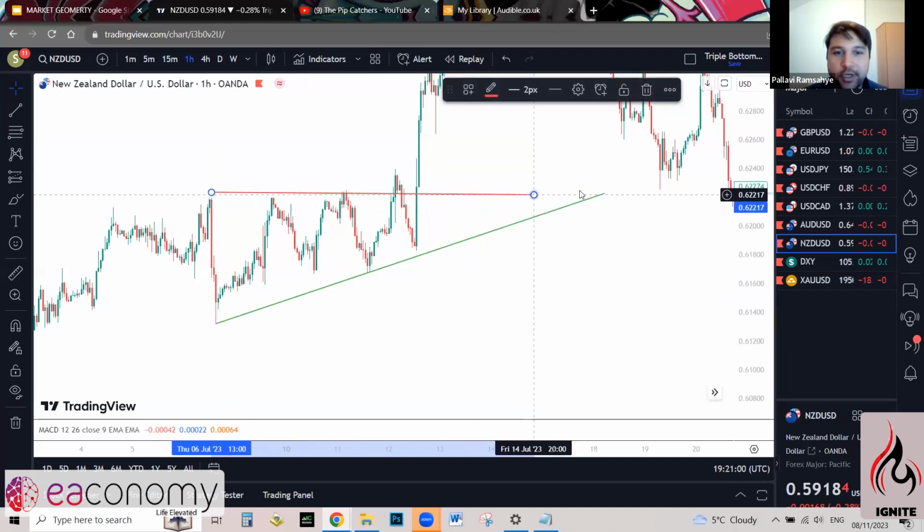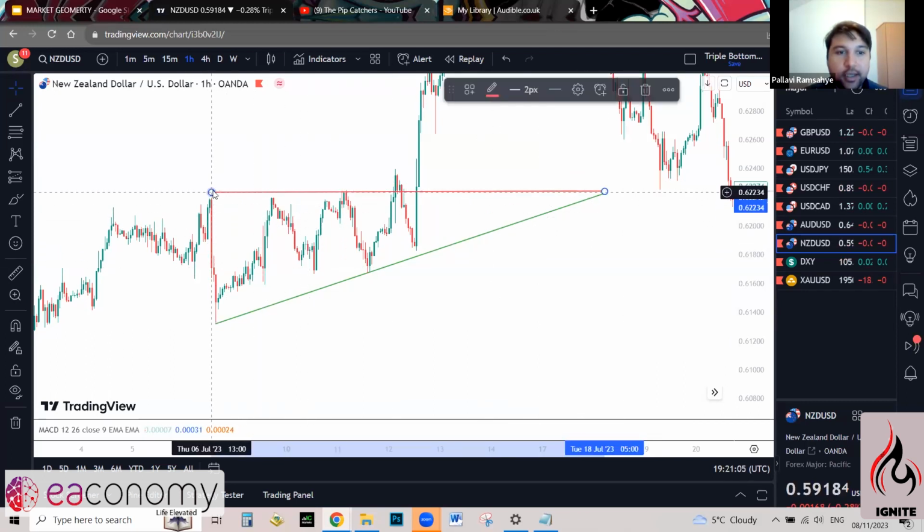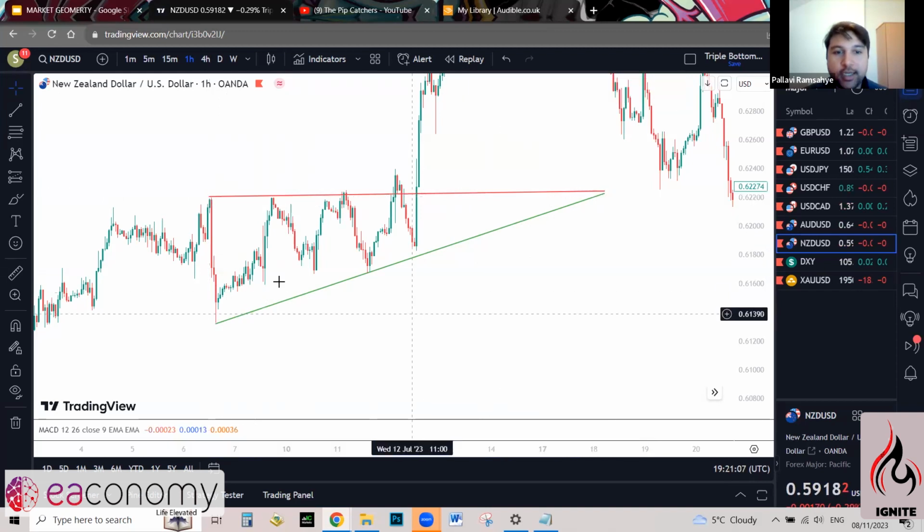But if it's not a good trade, if it's not a high probability setup, there's no point in taking it, right? Initially, I did think it looked really good from a distance, but no, I wouldn't take this personally.